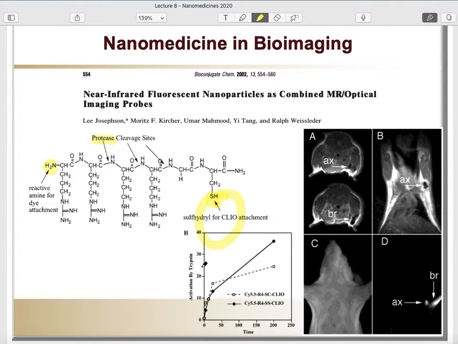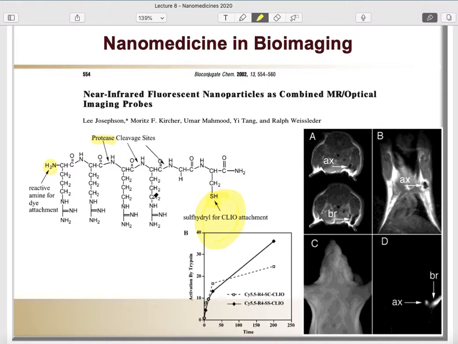In this particular case, we mentioned that this is protease cleavable. And so what they did is that they showed, one more thing that I need to mention before we continue. So the presence of this nanoparticle here versus the dye that is on this side.